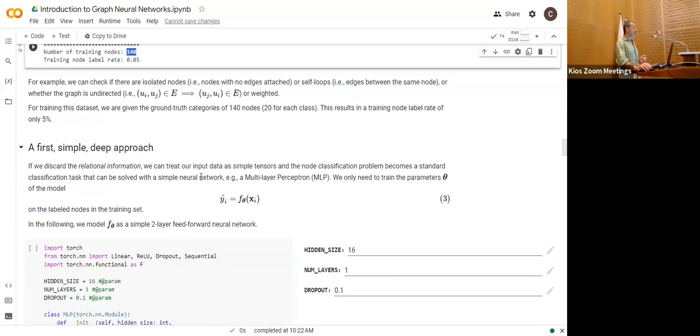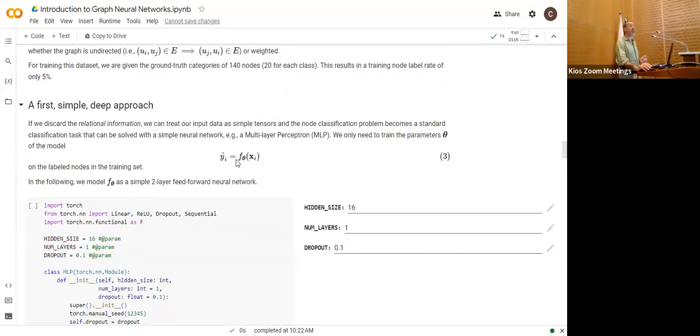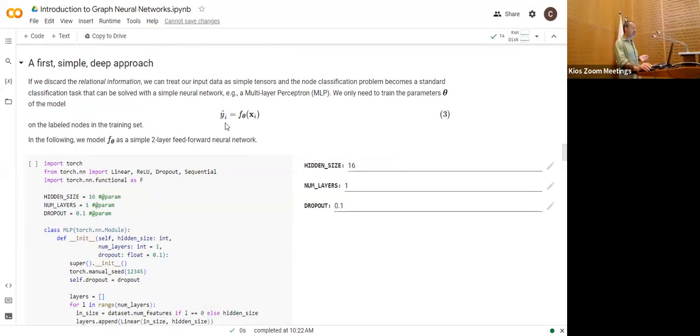So the easiest approach, no graphs, I don't want to consider the graph, is, okay, this is a supervised problem. We want to do classification. We build a feedforward architecture, which is this one. It has one hidden layer.